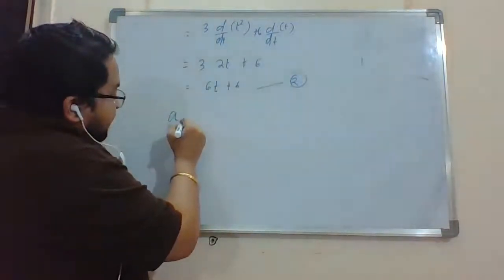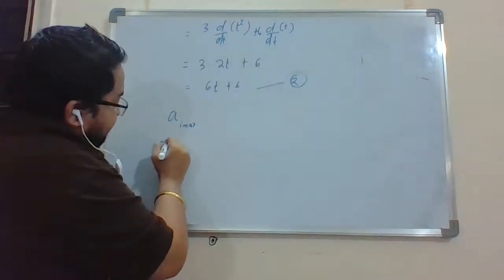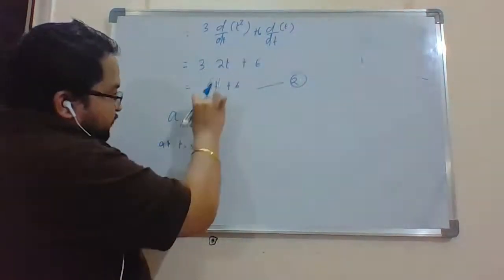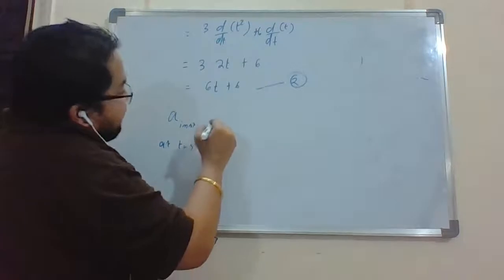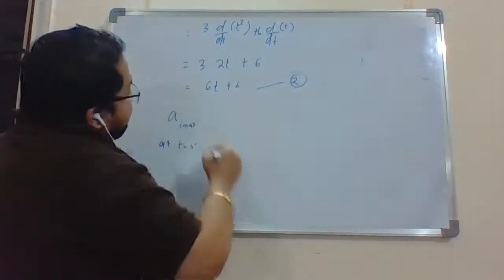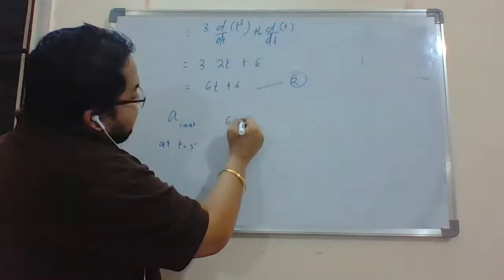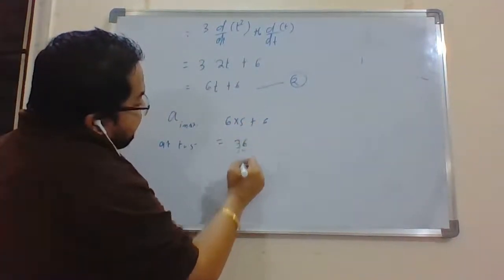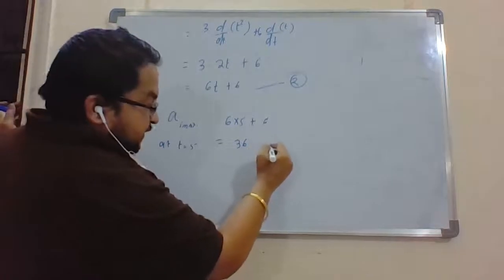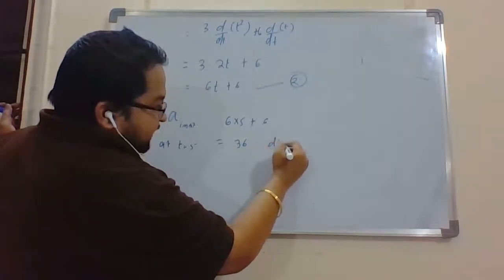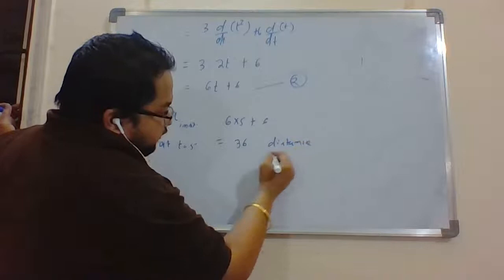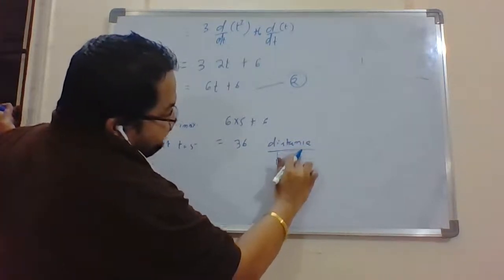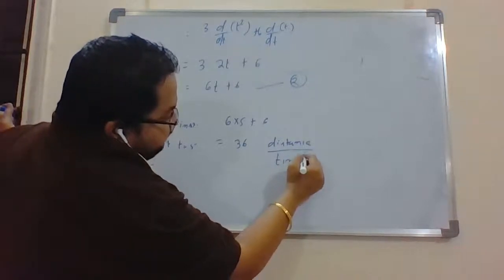By putting a instantaneous at t equals 5, I'll put the value of t as 5. So in the fifth second, the acceleration was 6 into 5 plus 6, that is nothing but 36. 36, we'll say distance by time square.